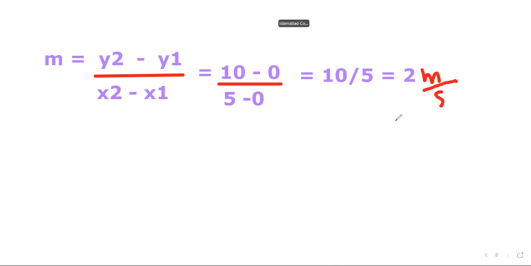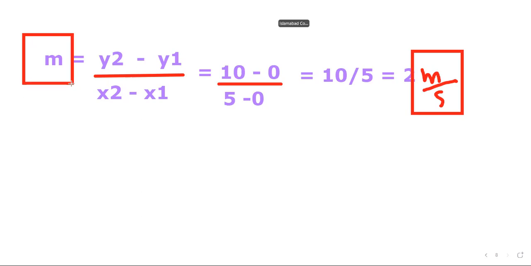So now our unit for this gradient is meters per second, and we know that meter per second is the unit of speed. So whenever we calculate the gradient or slope of a distance time graph, we are actually calculating the speed of the object.